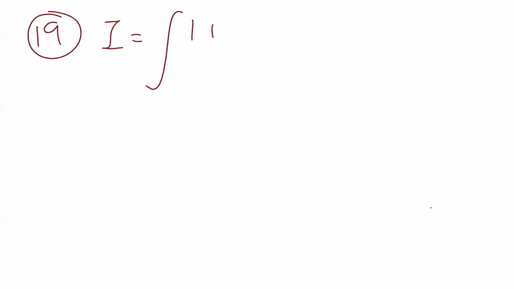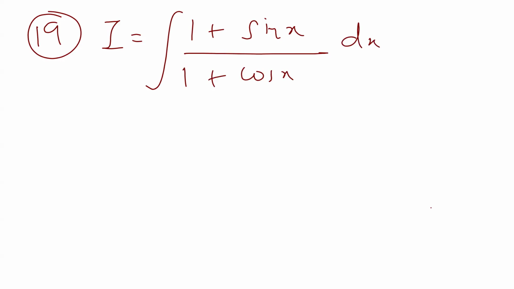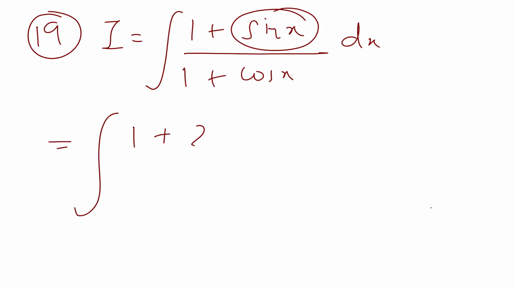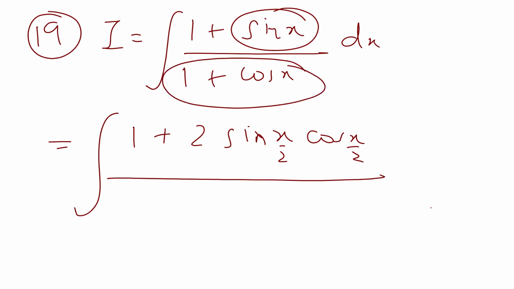Integration of 1 plus sin x upon 1 plus cos x. Sin x half angle: 1 plus 2 sin x by 2 cos x by 2, and 1 plus cos x is 2 cos square x by 2.